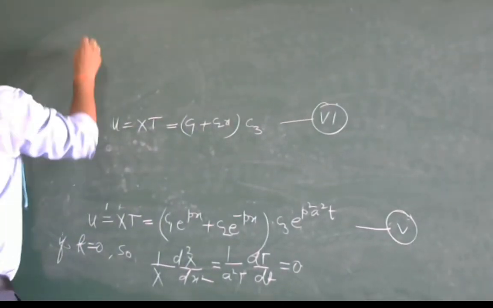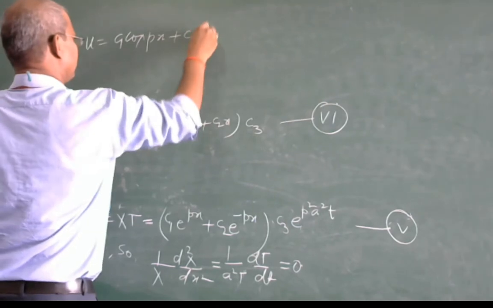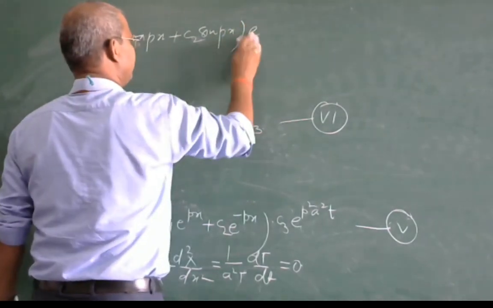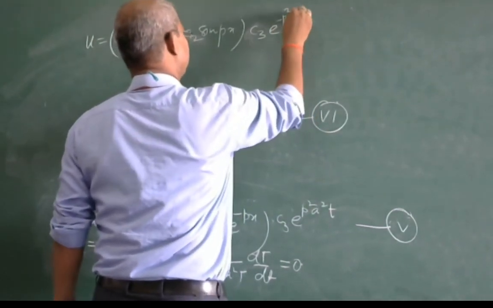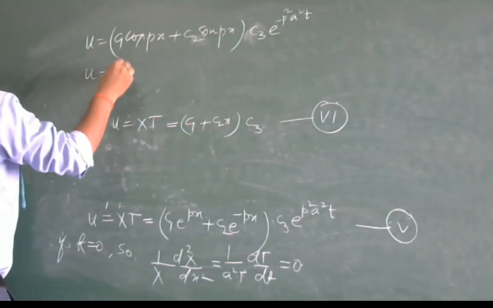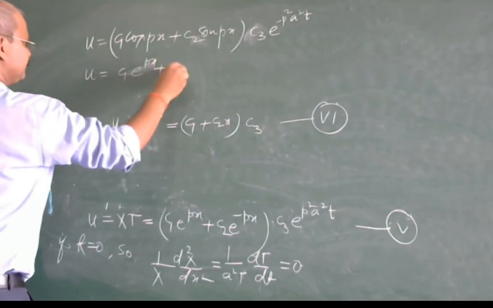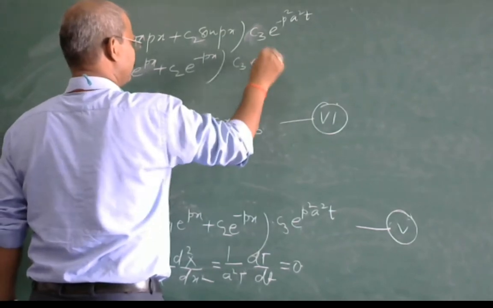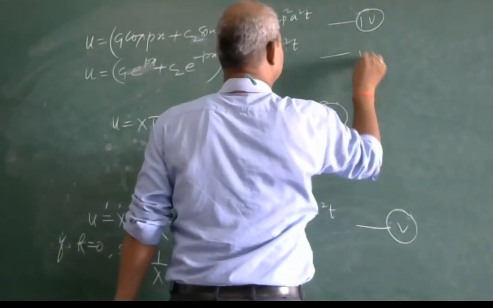Of the three, equation 4 was c3 e to the power minus p square t, and u equal to c1 plus c1 e to the power px c3. This was 4th, this was 5th, this was 6th.